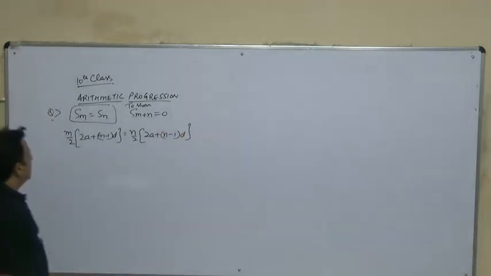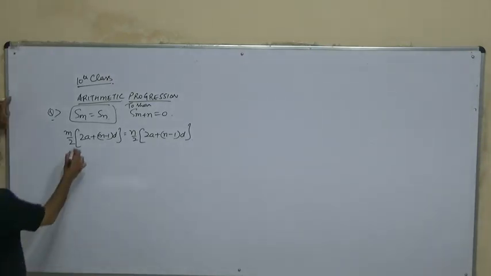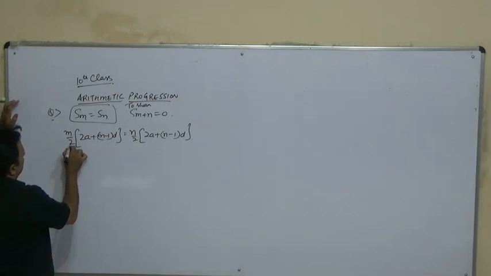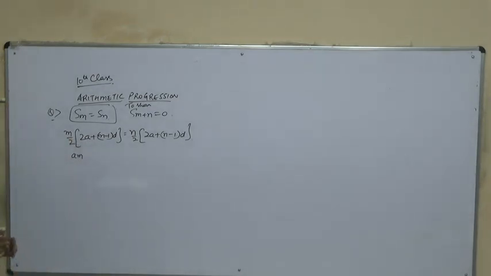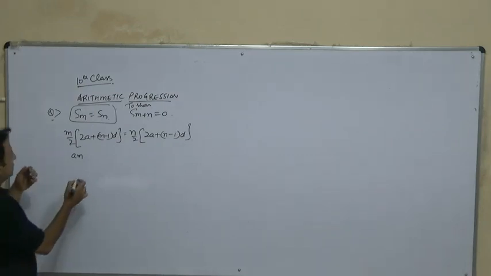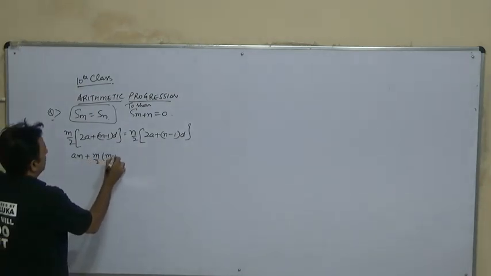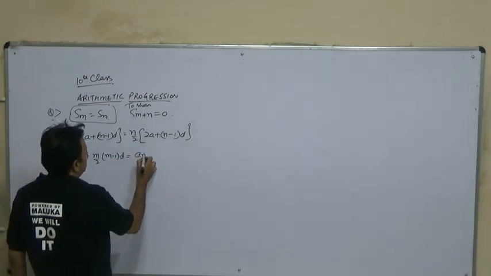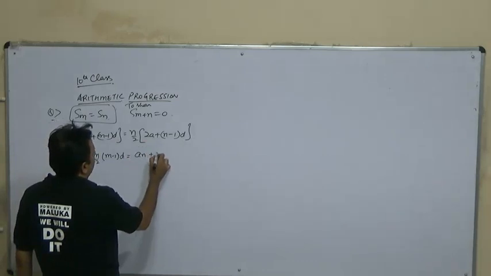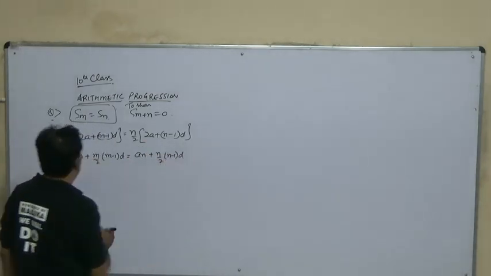So these two are equal. We are given equal here. Multiply them. This will be am. When you multiply m by 2 into 2a, this will be am. 2 will cancel out. Then next is plus m by 2 into m minus 1 into d is equal to again an plus n by 2 into n minus 1 into d.